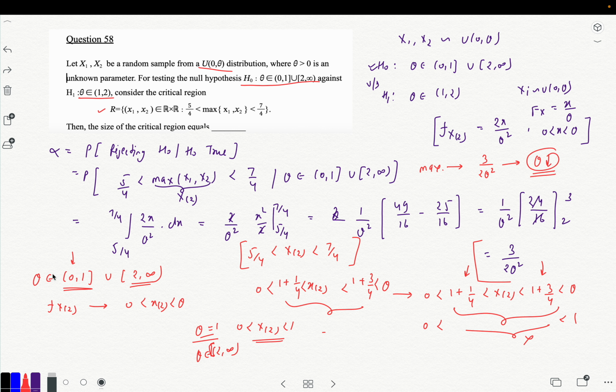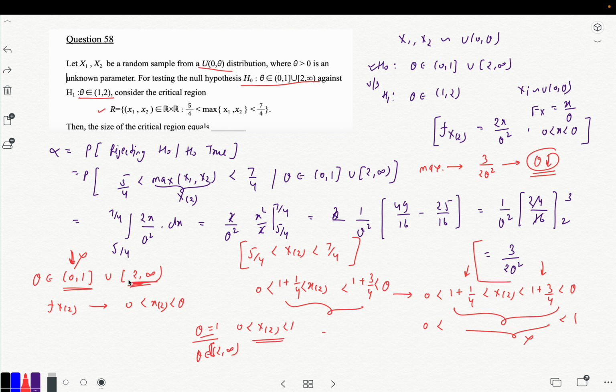In the first range my interval is not lying, so I will not talk about it. In this range my interval is lying: I can put 0 less than x less than theta equal to 2, and then it is lying in that range. So in the interval [2, ∞), we are talking about only 2, because when I put the lesser value of theta, that is theta equal to 2, I have the maximum probability.